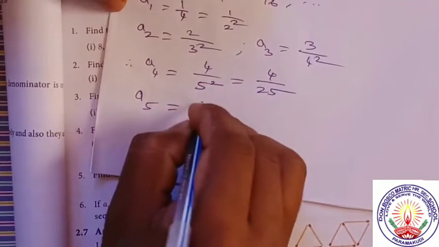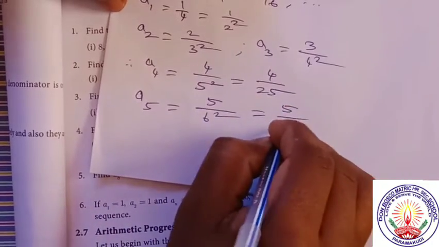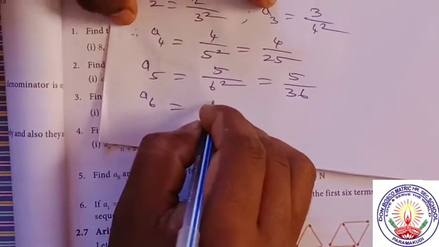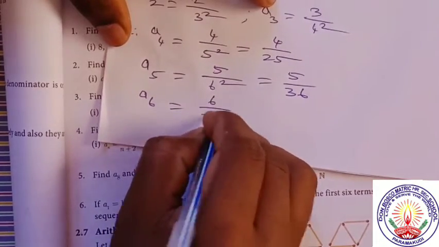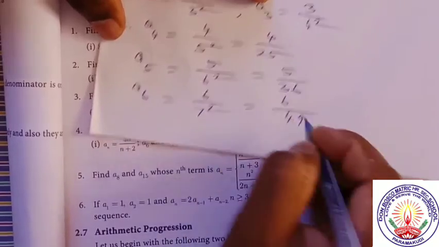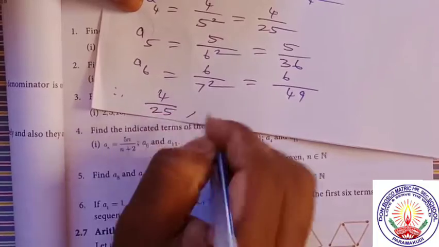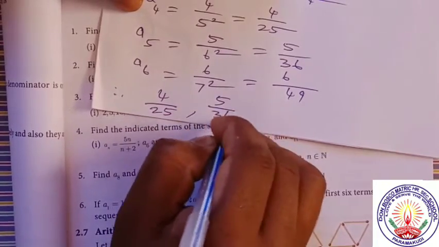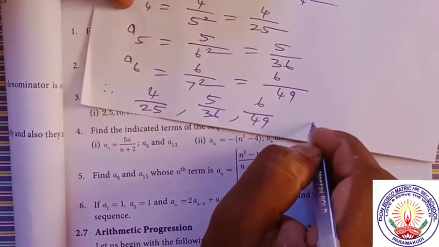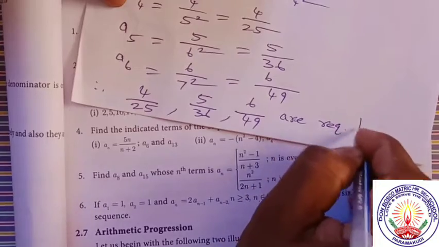A5 is equal to 5 divided by 6 square, which is 36. And the last term A6 is equal to 6 divided by 7 square, which is 49. Therefore, what are the three terms? 4 by 25, 5 by 36 and 6 by 49 are the required terms.